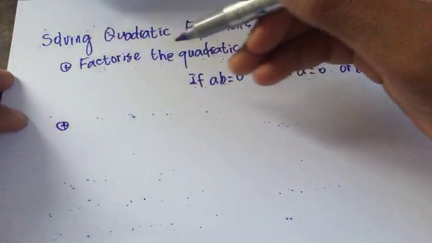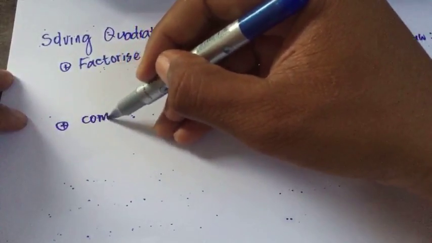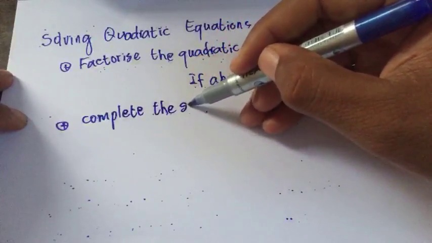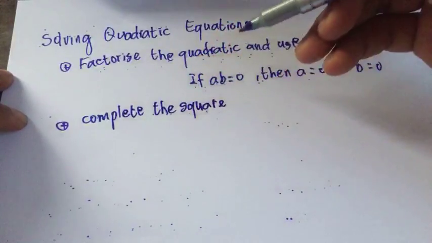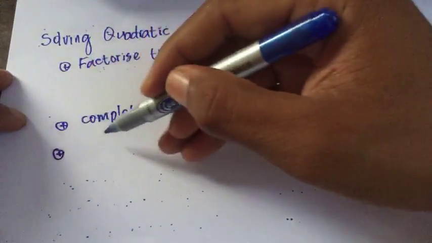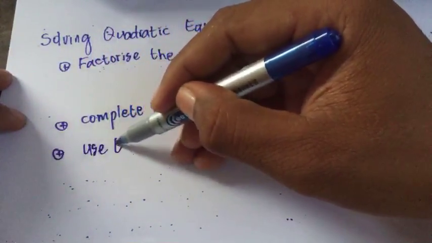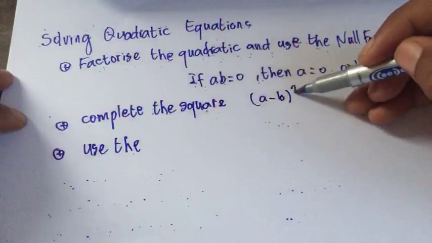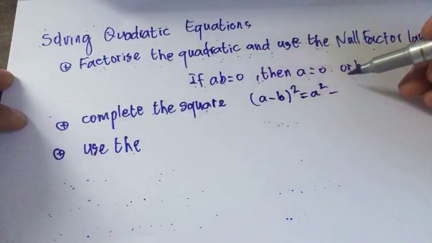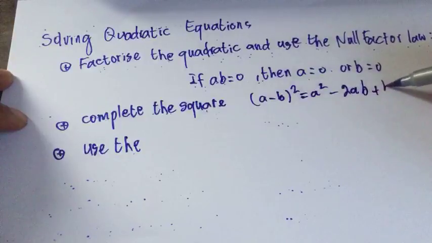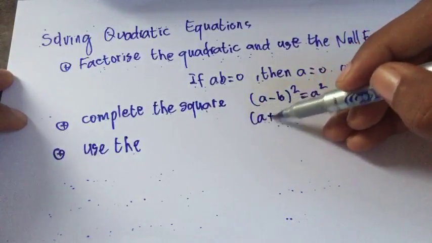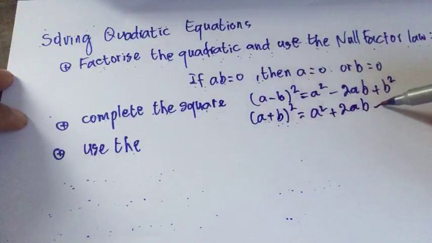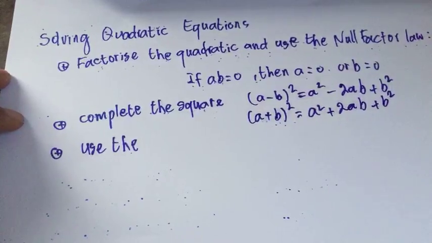The second one is completing the square. Completing the square, we have to use a minus b squared equal to a squared minus 2ab plus b squared, and a plus b squared equal to a squared plus 2ab plus b squared.